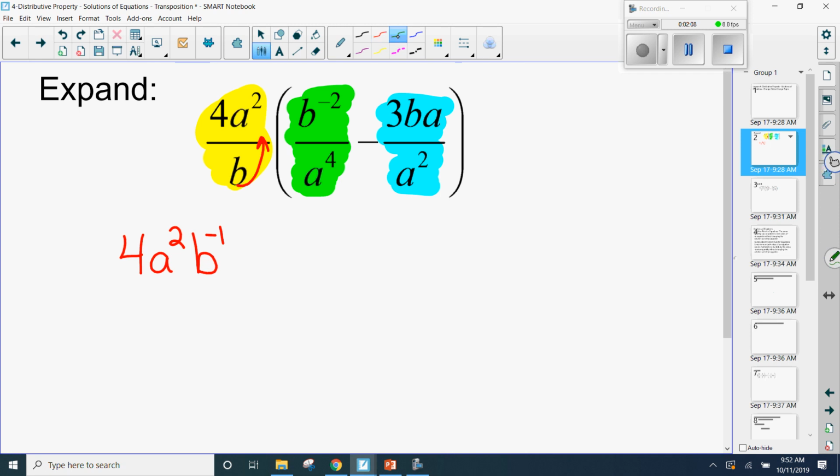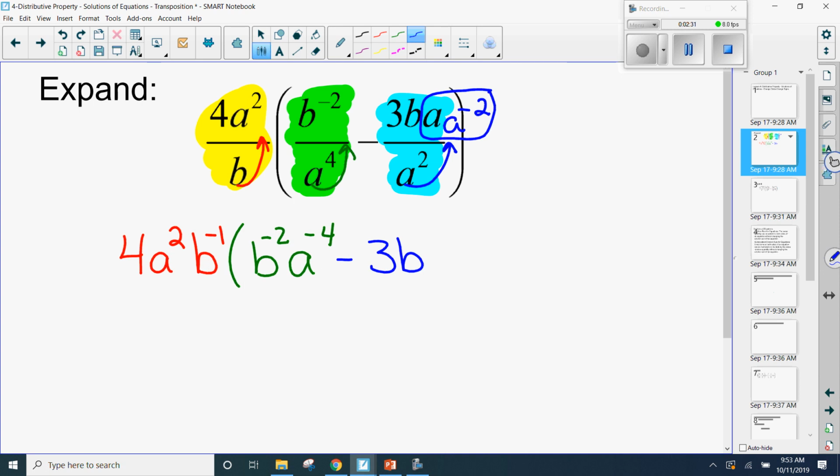The next fraction has b to the negative second, but we want to move a to the fourth up, which makes it a to the negative fourth. Then we have minus 3b. If I move this a up, it becomes a to the negative second. What happens when you group those two a's together? A to the negative first. We add those exponents right there.